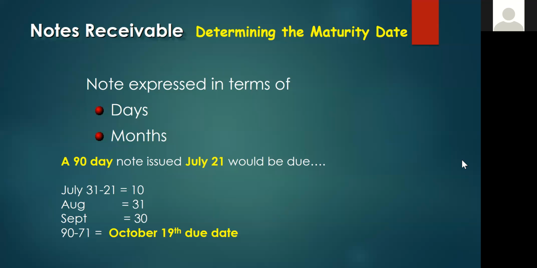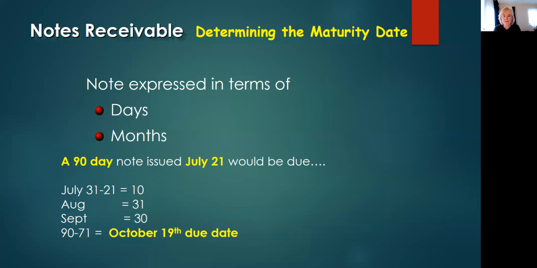I sure can. So if I issue a note July 21st and I say, Peter, you have to pay this note in 90 days. The day you have to pay this note is going to be 90 days from July 21st. And the way you count those days is shown right here. So we're saying how many days out is 90 days.